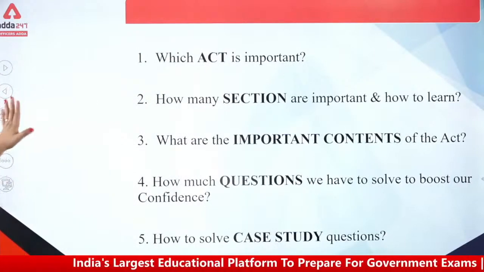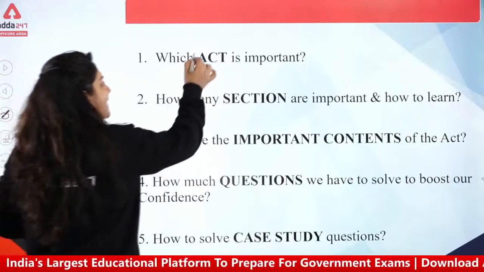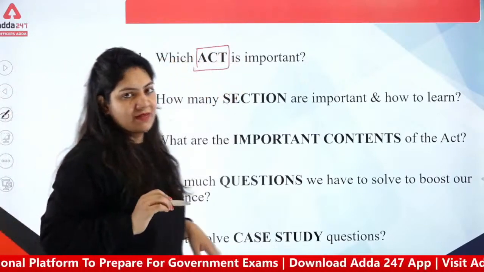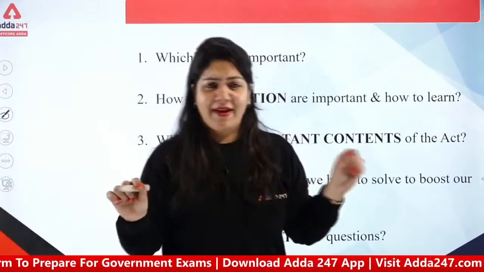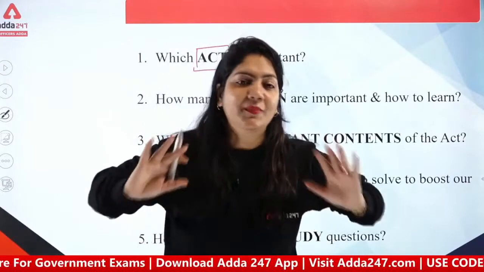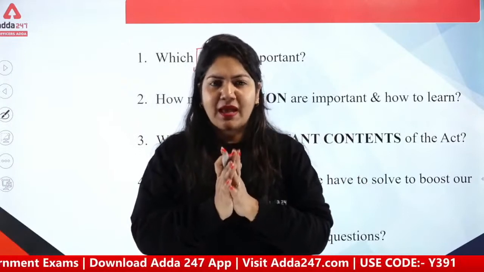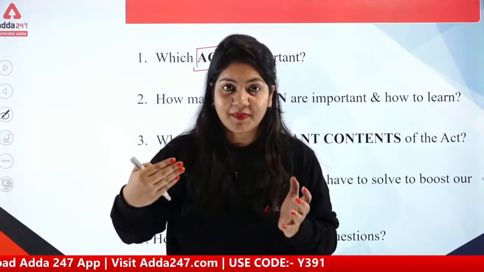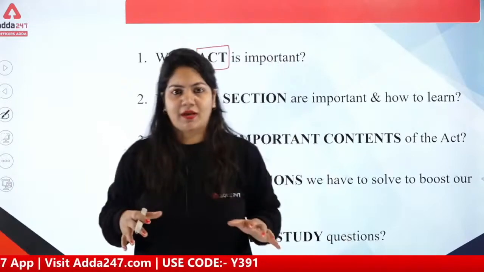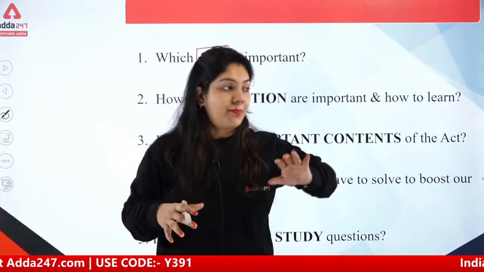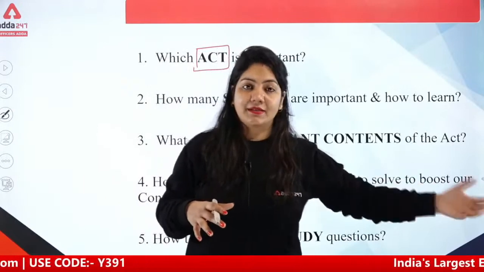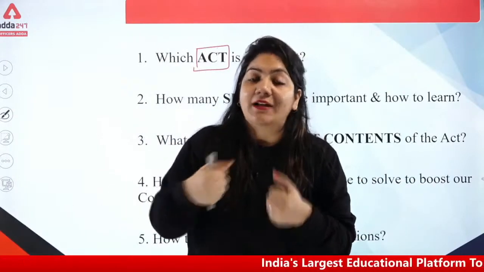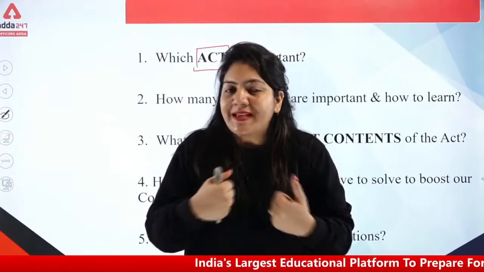So the first is, which act is important for your LRAB question? As you know, JAIIB and CAIIB is simply for the increment of your salary, so for that you have to take pains. I'm an advocate. When I practice in court, we generally keep the bare act with us. What is the main purpose of keeping the act?